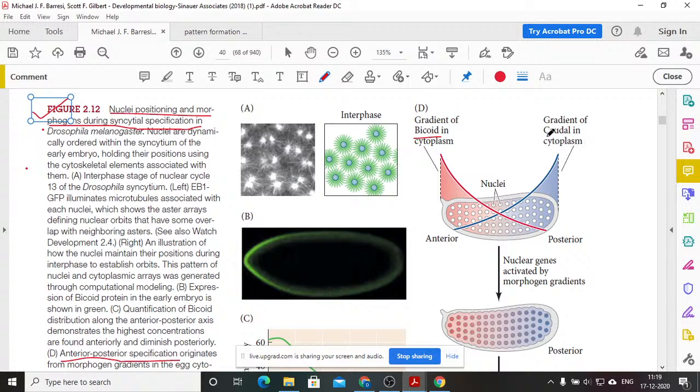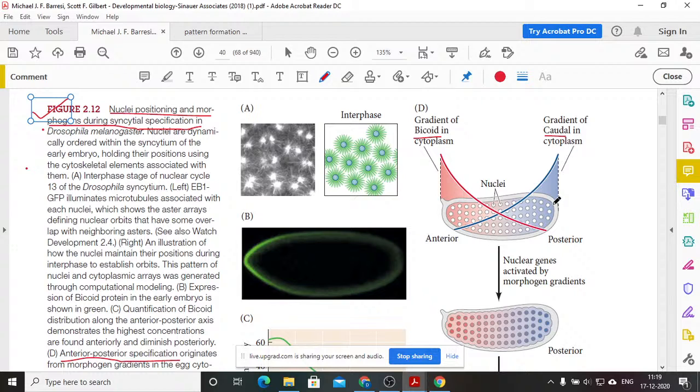In the posterior end, you have caudal present, and caudal is highest in the posterior, and gradually there is a gradient. As we go to the anterior end, this gradually declines. Same with bicoid, as it goes to the posterior end, it declines. So, cells in the anterior end are more exposed to bicoid, and cells in the posterior end are more exposed to caudal.